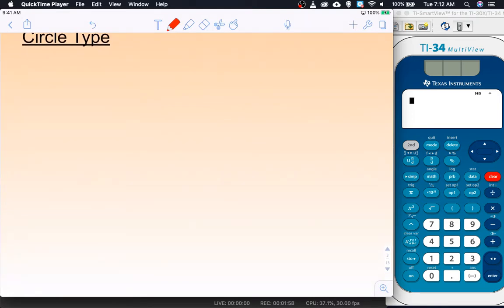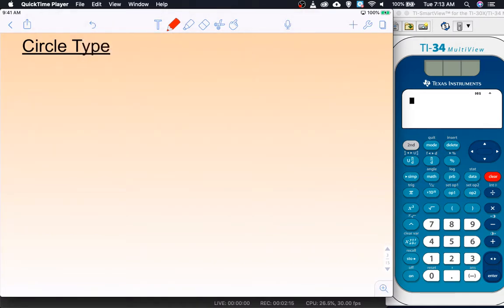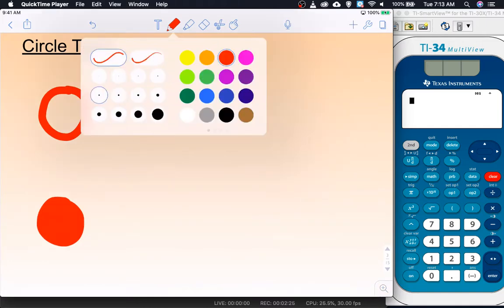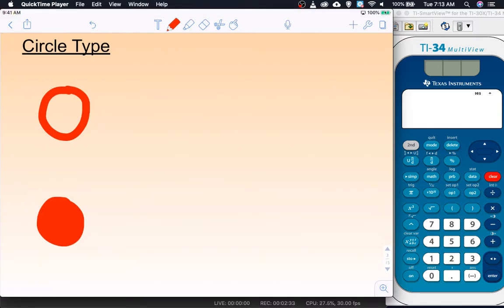Now, I have this page called circle type. We're going to put this down first and then make sense of it in a second. There are two different types of circles, or dots, we're going to use: what I call the hollow dot and what I call the solid dot, or the filled in dot. Some people say circle and dot, or empty dot and solid dot.